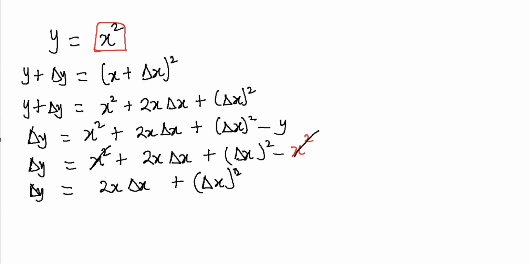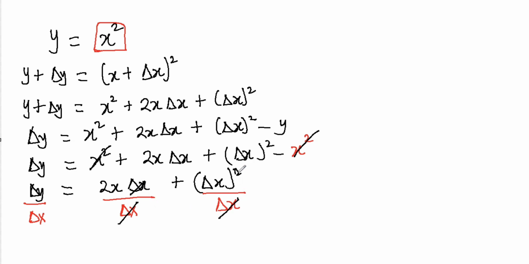So the next thing I'm going to do is to divide all through by change in x. So if I divide all through by change in x, I have change in y over change in x, 2x change in x over change in x, and (change in x) squared over change in x. So change in x can cancel out change in x here.